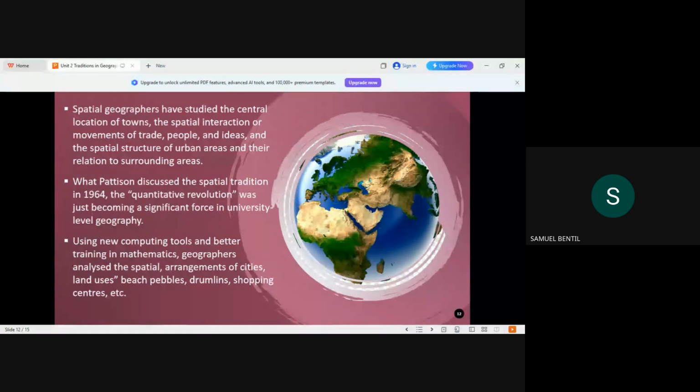What we are trying to say is that these four traditions that Patterson wrote extensively about in his article became a fulcrum which resonated with university level geography studies when it comes to the quantitative revolution, where computer tools were used for map making and cartography and surveying activity, with better training in mathematics, geographers analyzed spatial information. The arrangement of cities, land uses, beach pebbles, drumlins, and shopping centers were all subject to scientific analysis and quantitative evaluation to be able to bring out development of areas in a scientific manner.